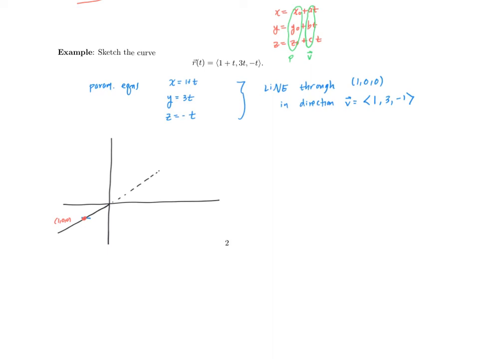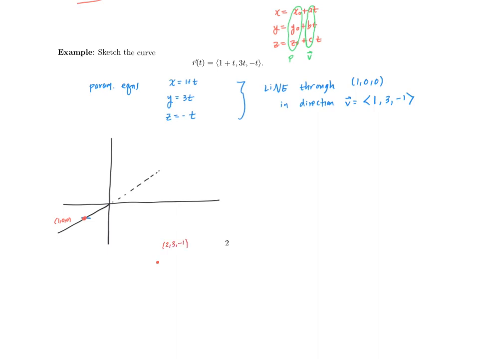So what I want to do is think, if I'm at this point, 1, 0, 0, what does it look like to move to 1, 3, minus 1? So I go 1 in the x direction, 3 over in the y direction, and 1 unit down. So about right there. And if we're at 1, 0, 0 and we move in that direction, we end up at the point 2, 3, minus 1.